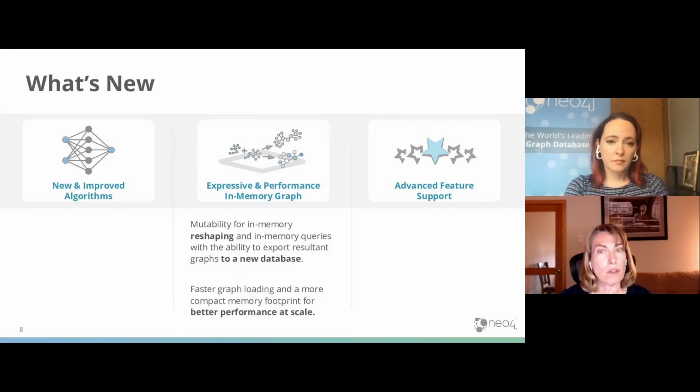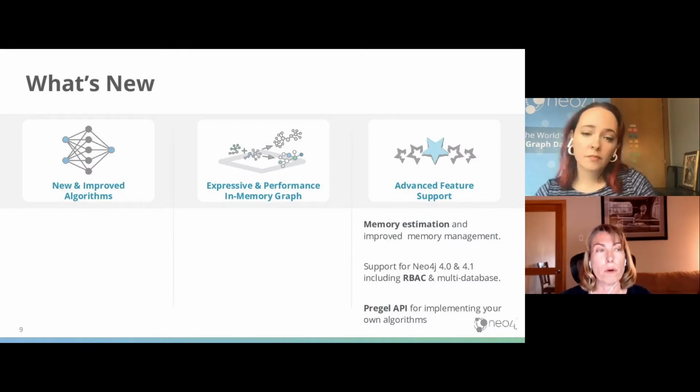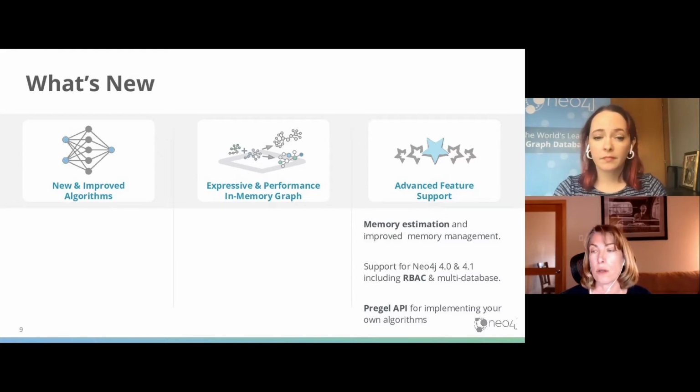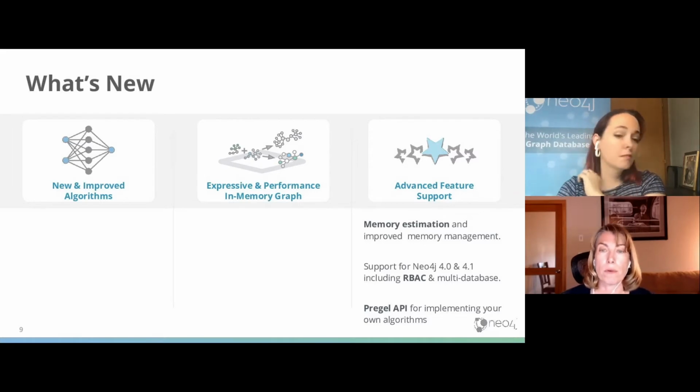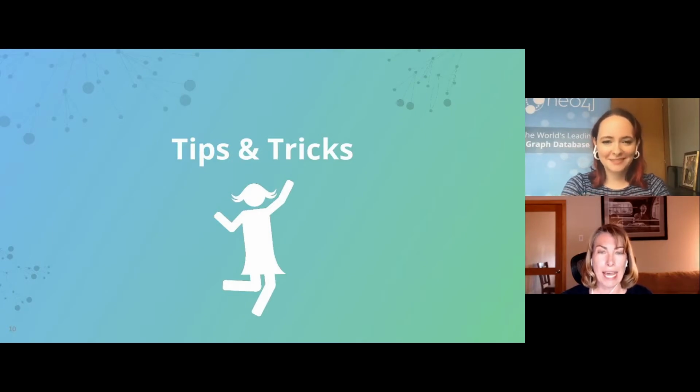Finally, some general advanced features that we've added. Those include support for role-based access security and support for Neo4j 4 and 4.1. We've also added some memory estimation, so memory management, and you can act as a guardrail for what you may be running. And we've added the Pregel API for implementing your own algorithms. So that is the super fast summary of what's been added recently.